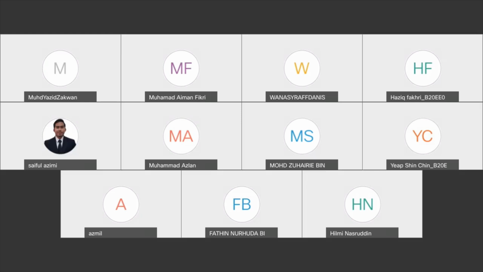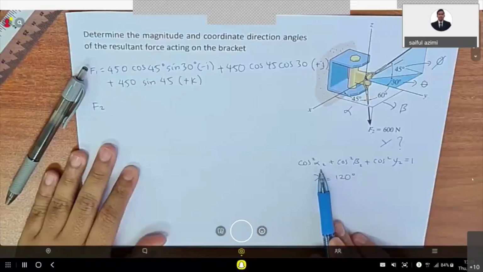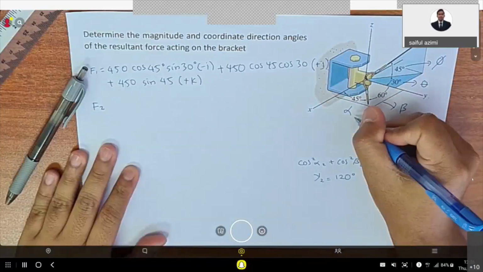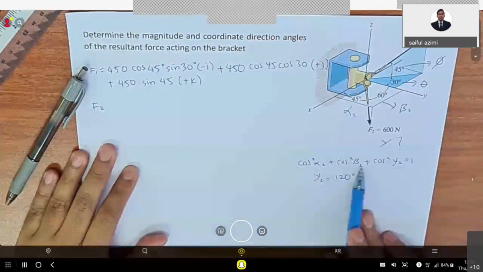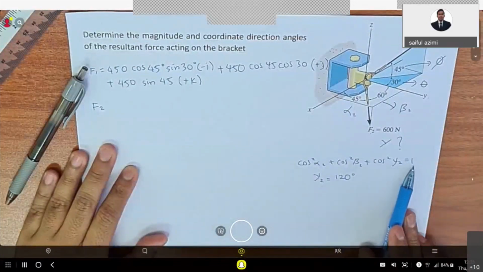Okay, sorry for the interruption. I need to share the screen again. If you want to find the gamma, because we don't have any gamma here, you need to use the cosine rule. Cos square alpha 2 plus cos square beta 2, this is alpha 2, beta 2, because this is for force number 2, plus cos square gamma 2 equals to 1.